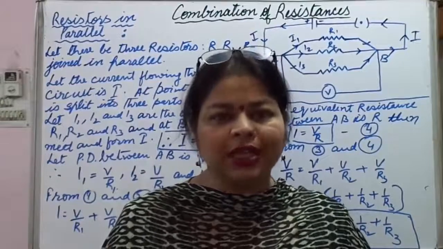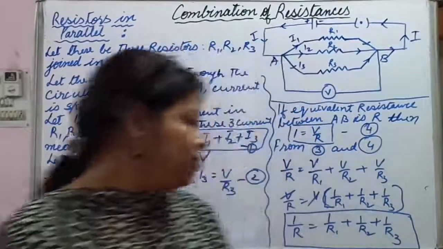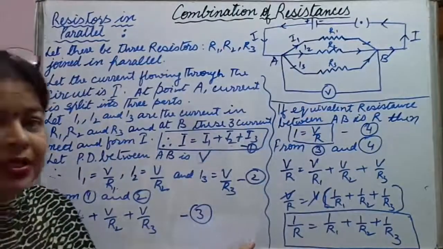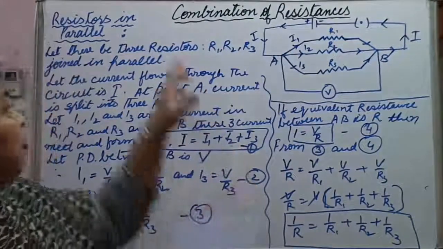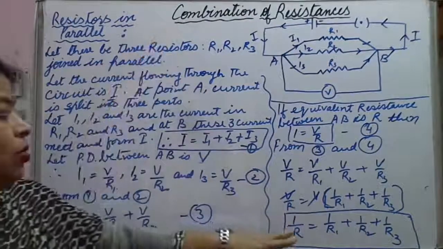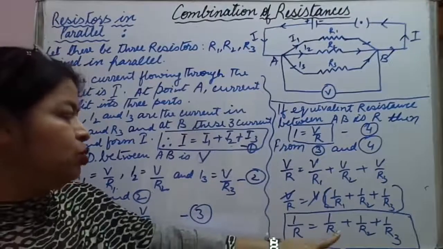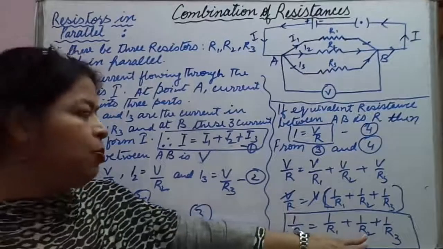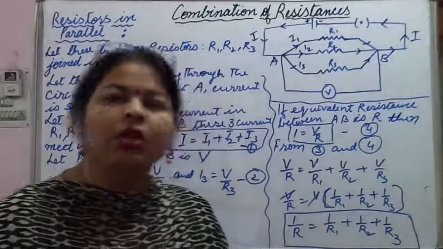Yes, of course. So we get 1 upon R is equal to 1 upon R1 plus 1 upon R2 plus 1 upon R3.